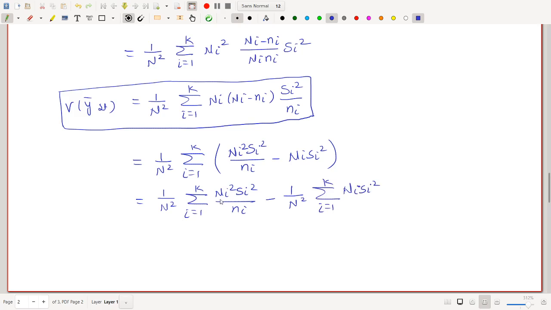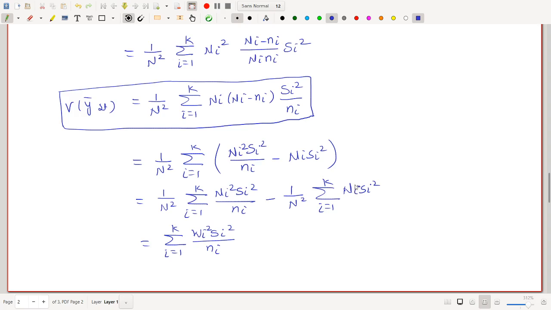Now look here. You know Wi is actually Ni upon N. So I can write this Ni square upon this N square as Wi square. So this will be summation i running from 1 to k, Wi square Si square upon ni. And look at the second term.